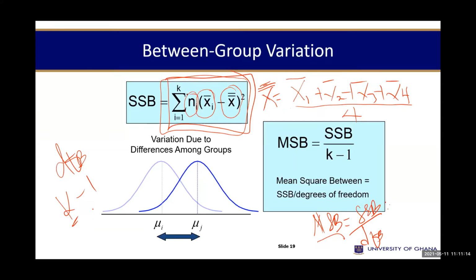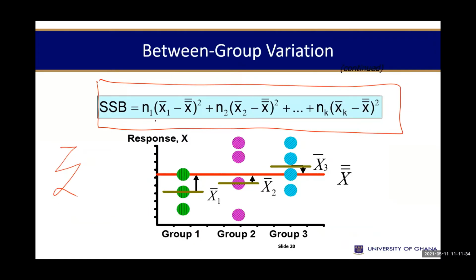Okay. That is NI. When we are adding everything together, when we are finding the sum, can we write it as n x bar 1 plus n x bar 2? Can we do it like that instead of n1? This is it. This is the expansion.